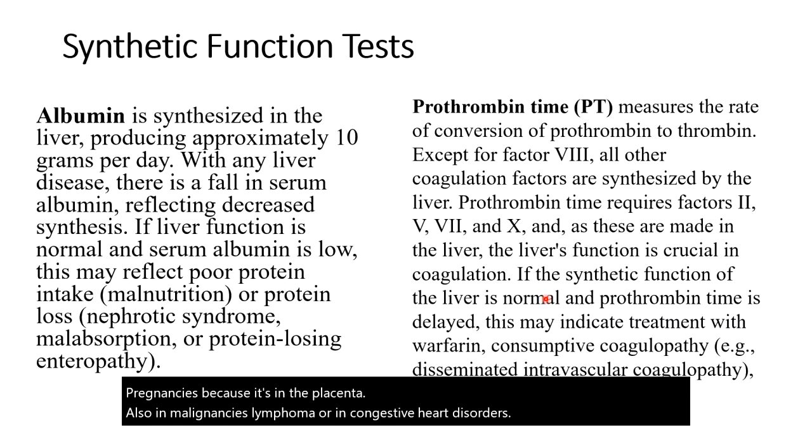And if the synthetic function in the liver is normal and we have a delayed PT, you should look for warfarin. Maybe the patient is taking something to delay PT. Okay? Or maybe they have disseminated intravascular coagulopathy.